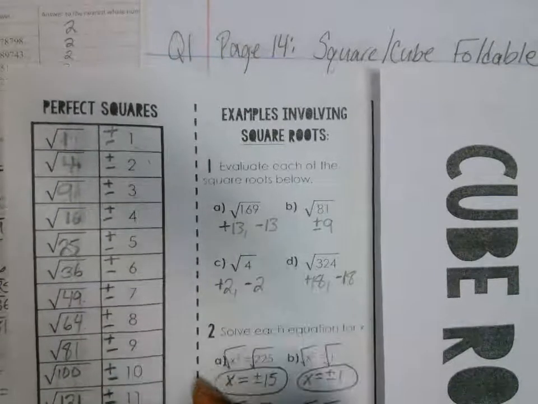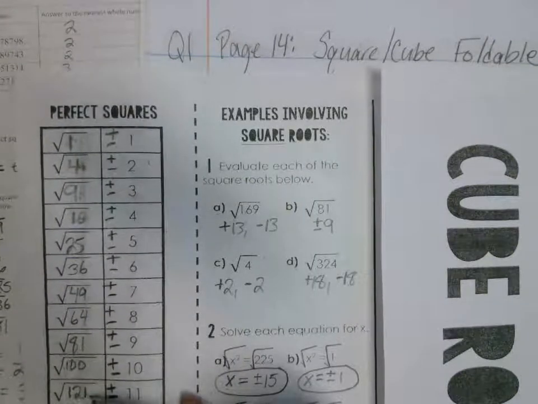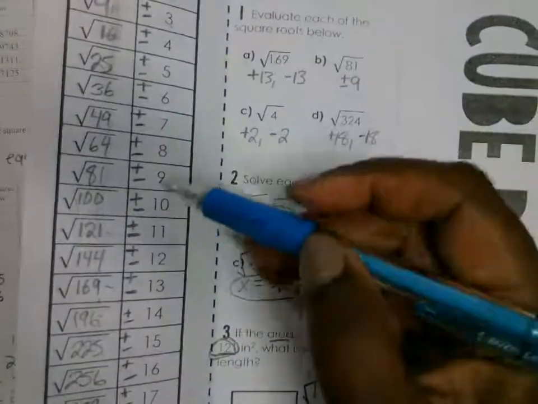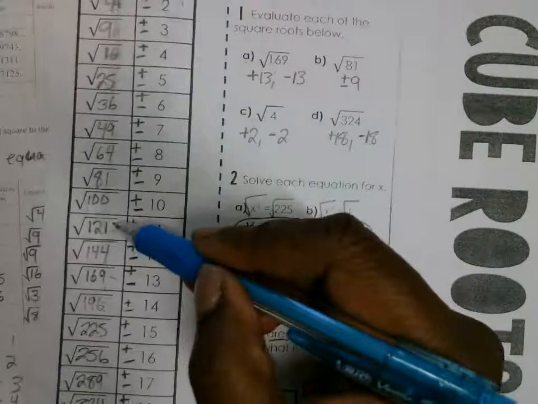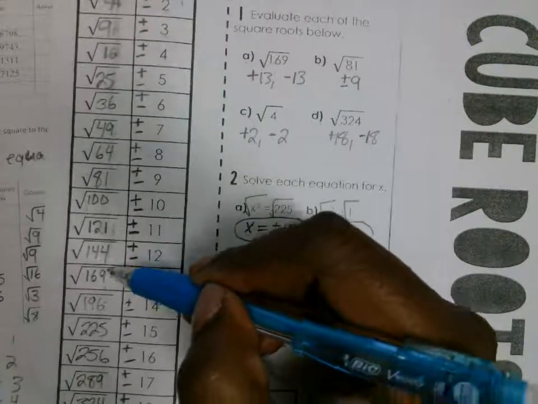But 130 is between 121 and 144. Do you see how 121 is between these two? So these are the two perfect squares that we're going to write down and use.